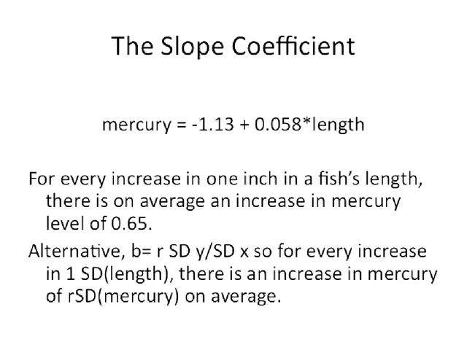That's a mistake. It should be 0.058. I don't know where the 0.65 came from. So for every increase of a centimeter in length, you can expect the fish to have an increase of 0.058 in mercury level.